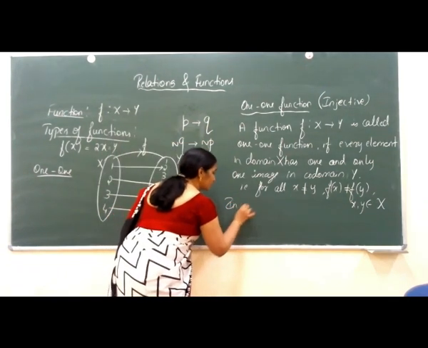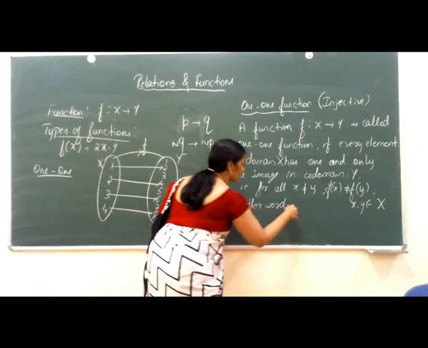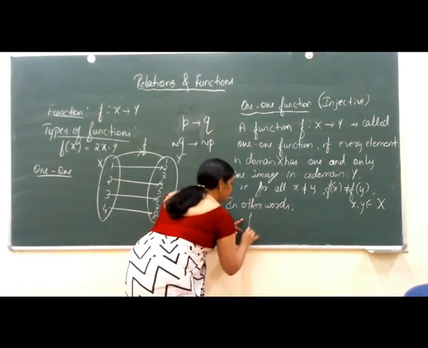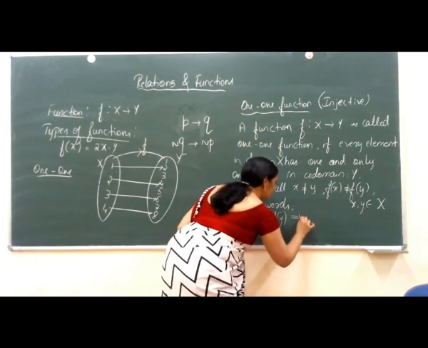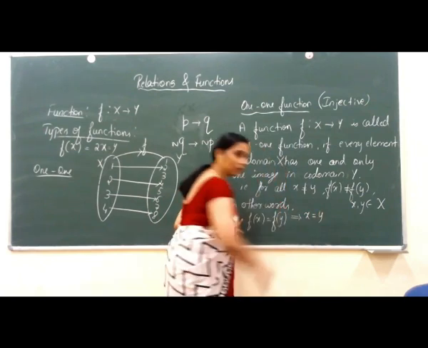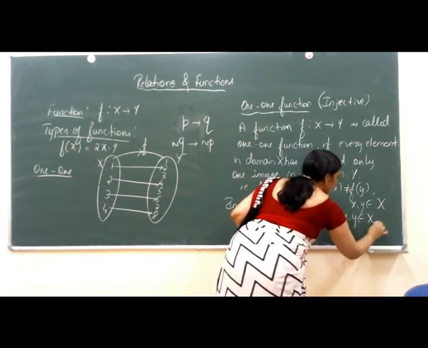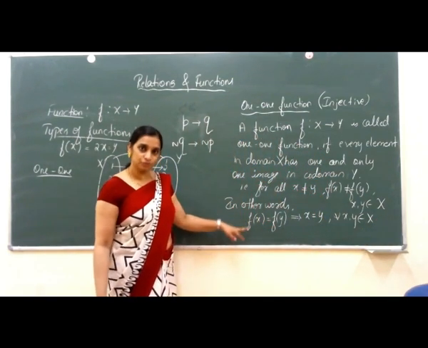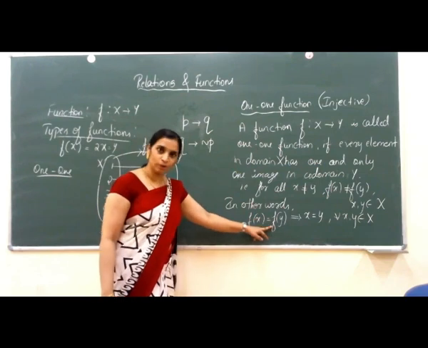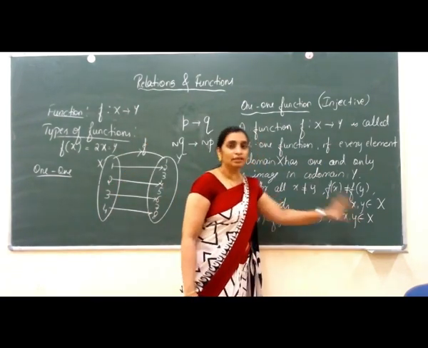In other words, we may write, f of x equal to f of y implies x is equal to y for all x and y in the domain X. Remember, we are using the condition f of x equal to f of y implies x equal to y for every element in the domain.